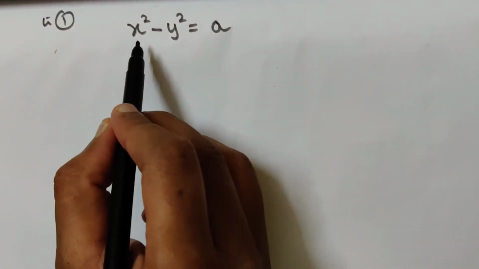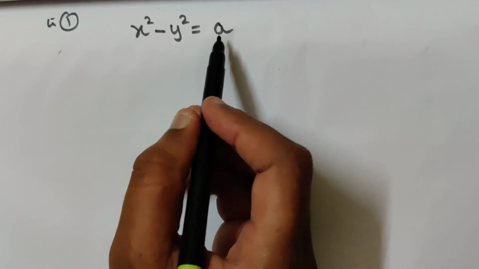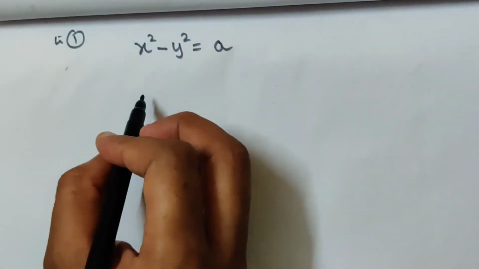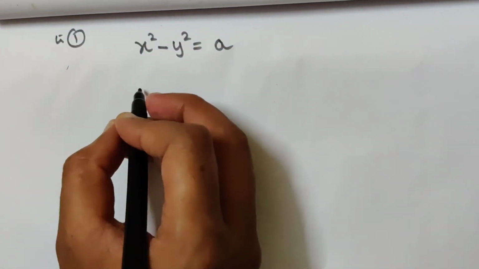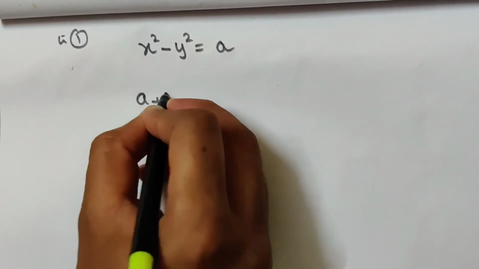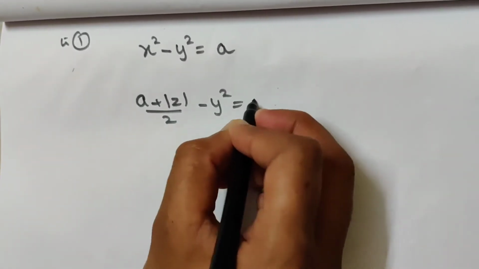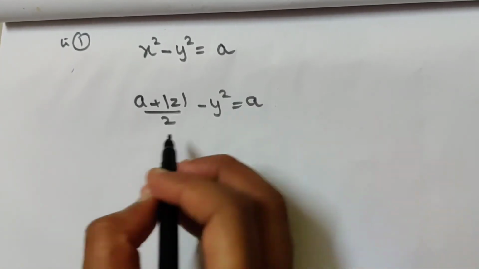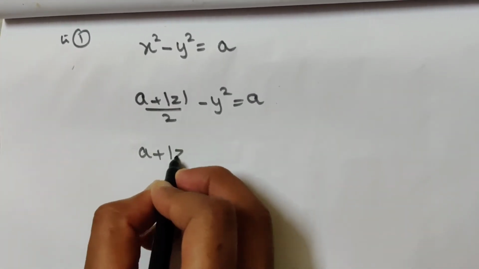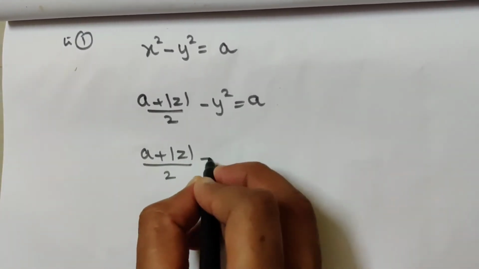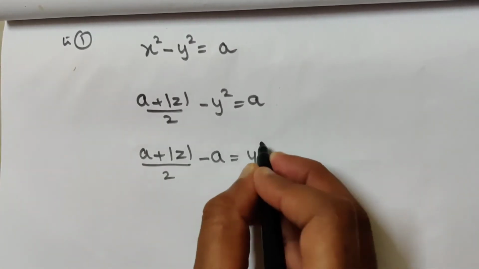This is my first equation, x square minus y square is equal to a. So replace the value of x square, that is a plus modulus of z by 2. So x square, a plus modulus of z by 2, minus y square is equal to a. So interchange these two terms. So a plus modulus of z by 2 minus a is equal to plus y square.